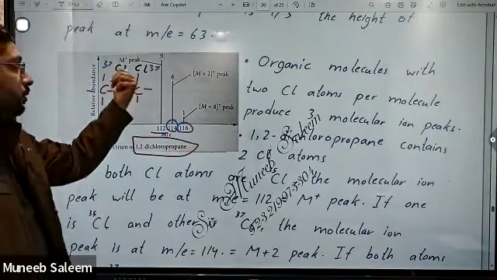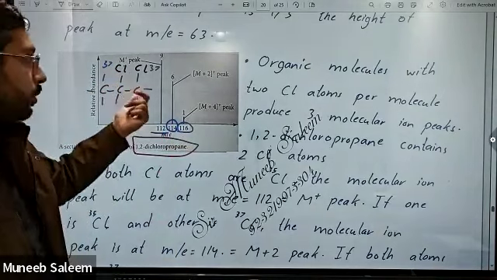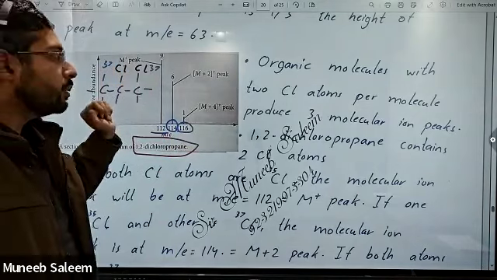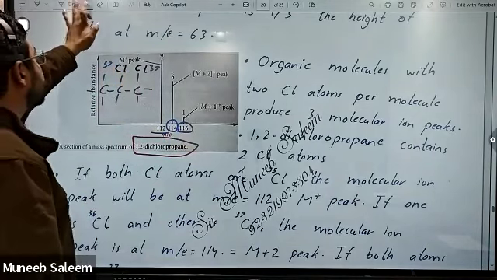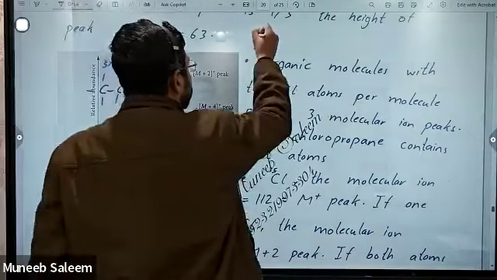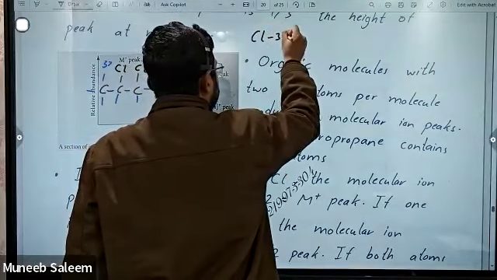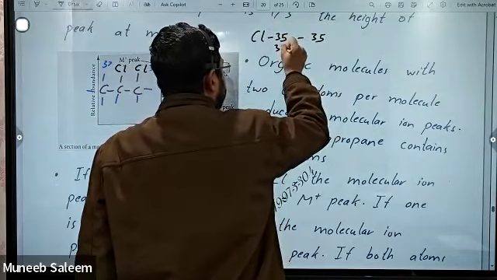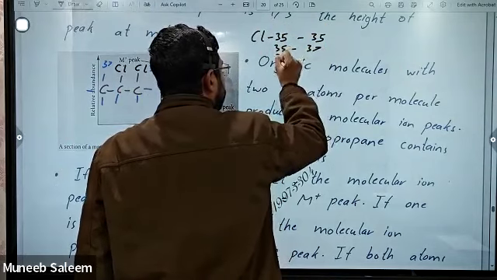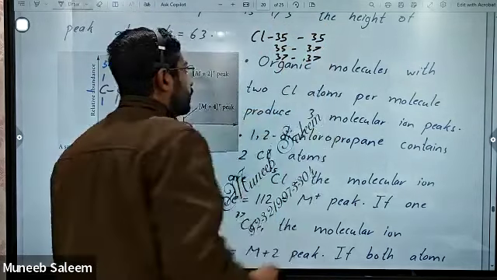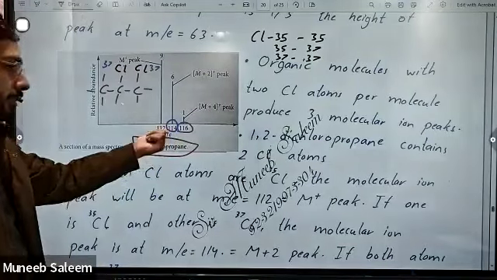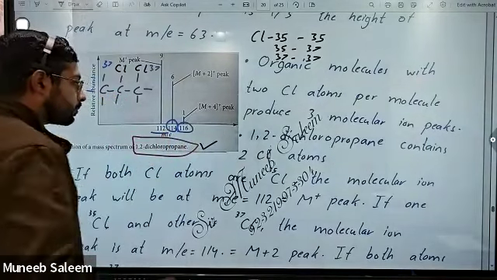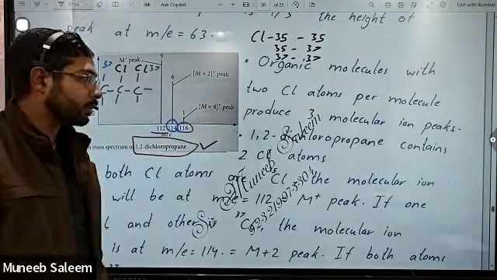So these are the 3 values representing 3 combinations: chlorine 35 and 35, chlorine 35 and 37, and chlorine 37 and 37. That's how I'm getting the values over here, and these values belong to the 1,2-dichloropropane, not just the chlorine atom but the whole molecule.